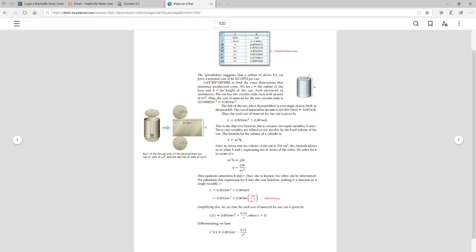Obviously, if you are going to create cans, let's say that you're in the soup business or the cola business, you are going to have to pay to create the cans, right? You have to buy the aluminum, you have to pay the employees and so forth. And they figured out, they used a spreadsheet to sort of try to figure out the minimum cost. Well, we can do it another way.